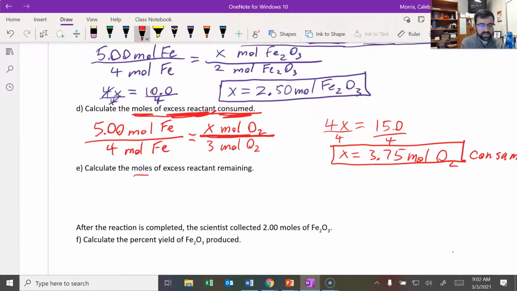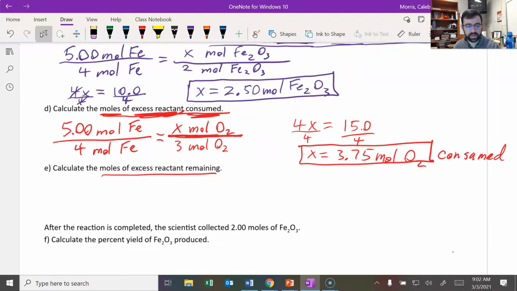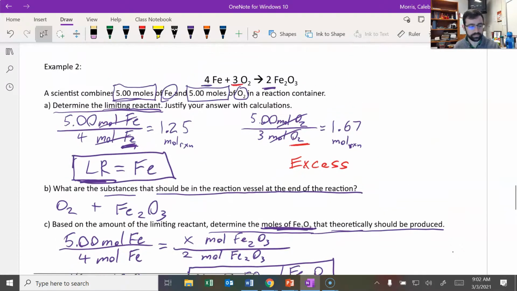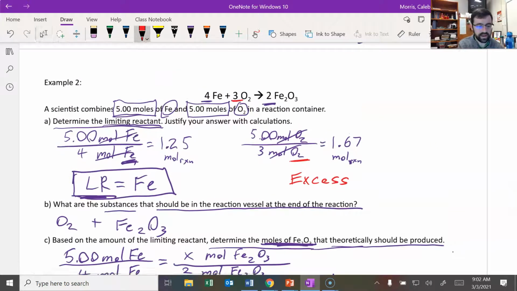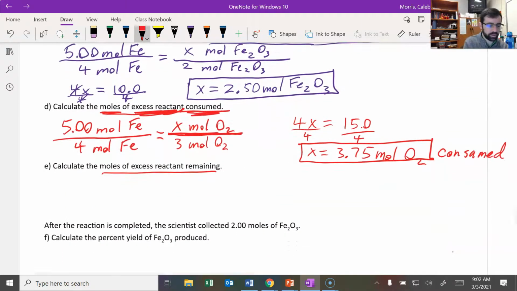The moles of excess remaining, that means I need to know how much I started with minus how much I used. So available minus consumed. Go back up to find out what was available in the problem. In the problem I said that I had 5 moles of O2 available. So there were 5.00 moles of O2.